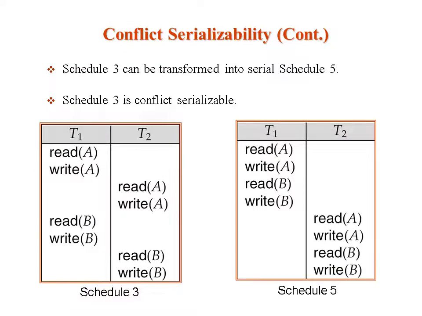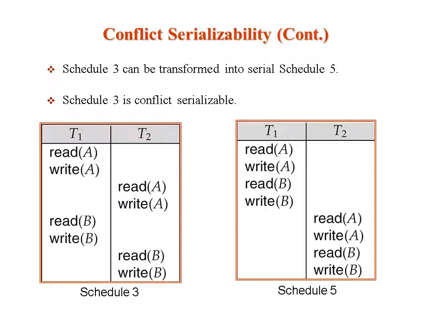Here, two schedules are given: Schedule 3 and Schedule 5. Schedule 3 is concurrently executed, and Schedule 5 is a serial schedule. Schedule 3 can be transformed into serial Schedule 5 using some swaps, like read B of T1 and write A of T2 can be swapped.